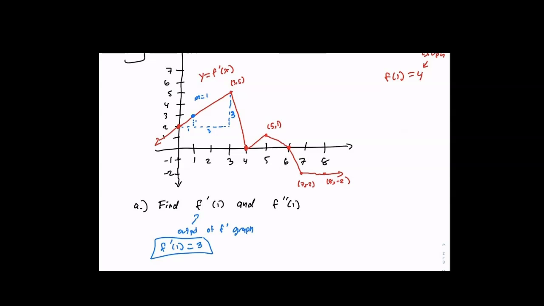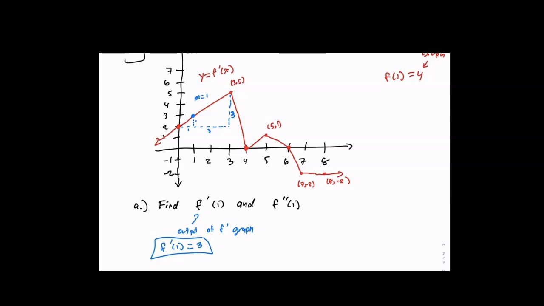So for example, what is f prime of 3? I'm not asking it in terms of the actual question, but we'll answer it right now. What's f prime of 3? 5. What's f prime of 4? 0. So the outputs are the values. It's as simple as that.